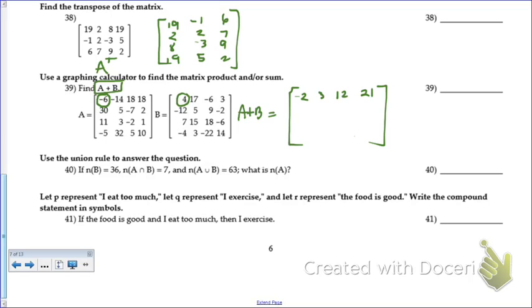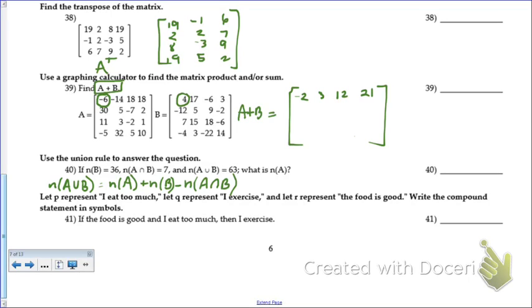Number 40, we want the union rule, so you have to remember what the union rule is. We're going to take the union of A and B, and that's equal to the number in A plus the number in B minus their intersection. So we'll fill that in.